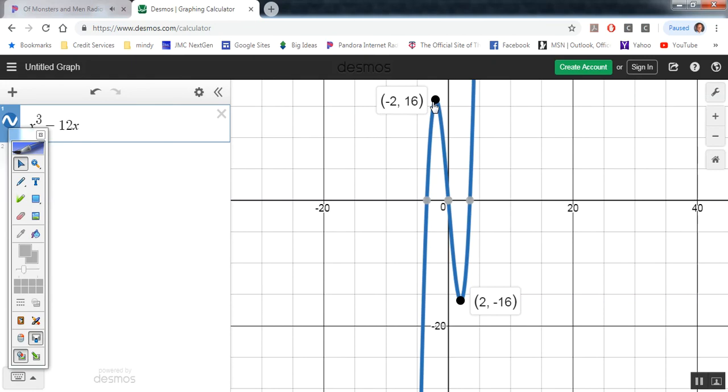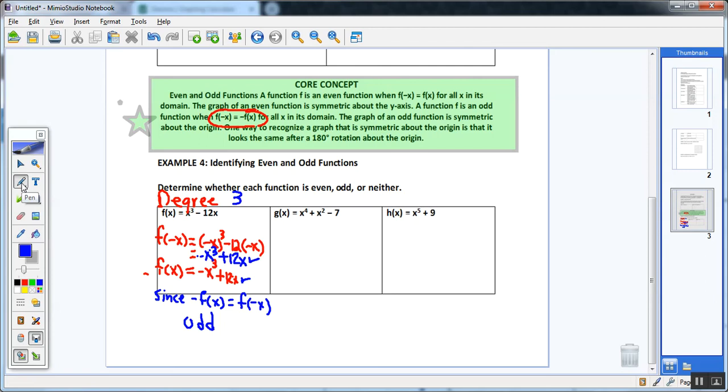So let's take a look and see what it means to be an even function here. Right up here, kids, it says a function is even if what? So basically, if I insert a negative x for x down here, is it the same as f of x?